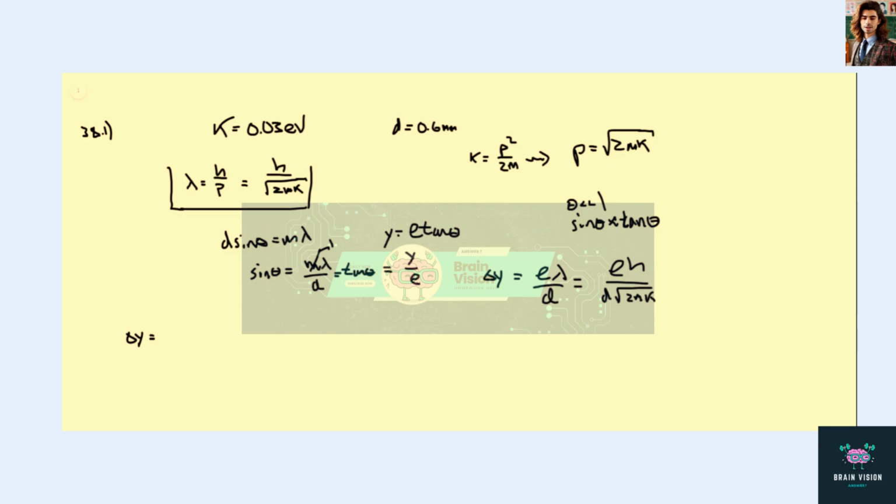We have delta y here is h, which is 6.63 times 10 to the negative 34 joule seconds.